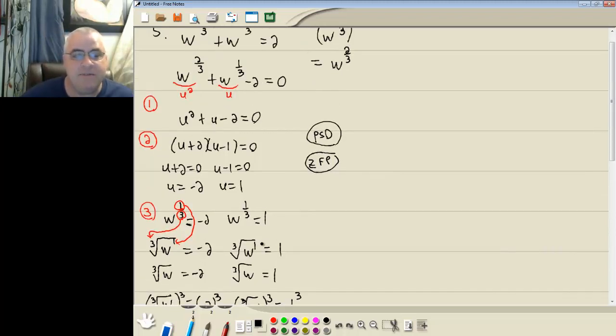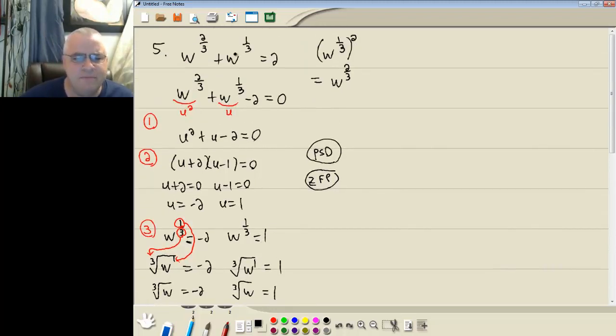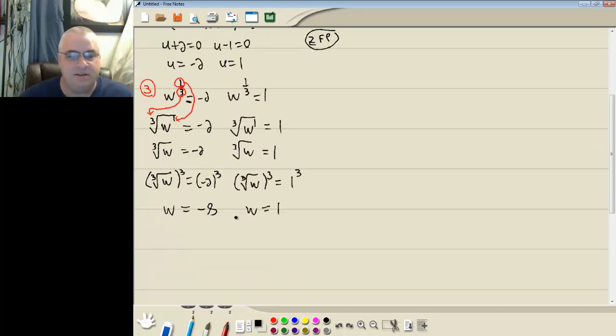Let's check negative 8. If I put negative 8 up here, negative 8 to the 2/3 and negative 8 to the 1/3, negative 8 to the 2/3 would give us 4. And negative 8 to the 1/3 would give us negative 2. 4 minus 2 does give us 2, so it checks.